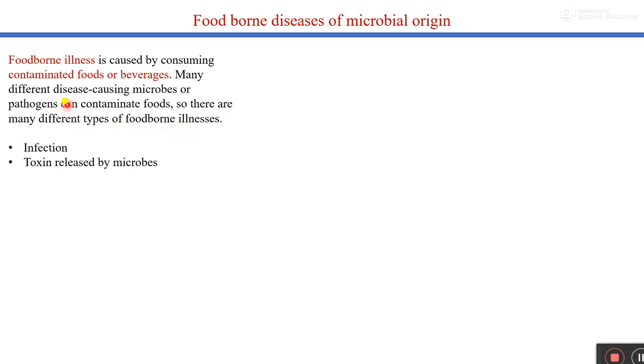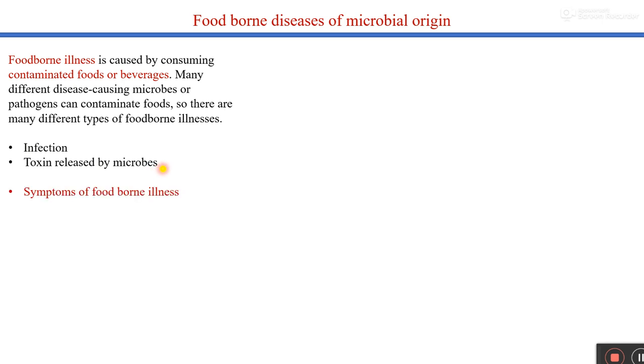These foodborne illnesses are generally caused by infection spread by different harmful microbes, and they can also be caused by toxins released by different microbes which generally grow in different kinds of foods.